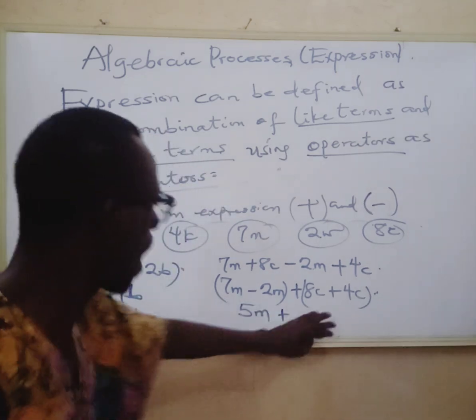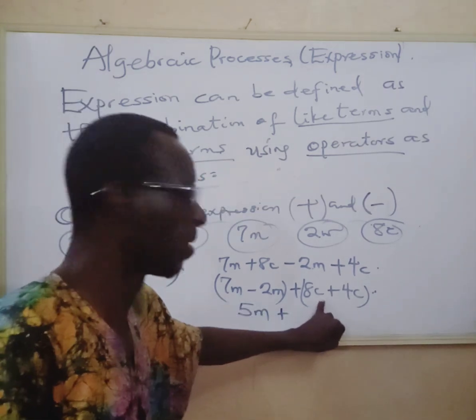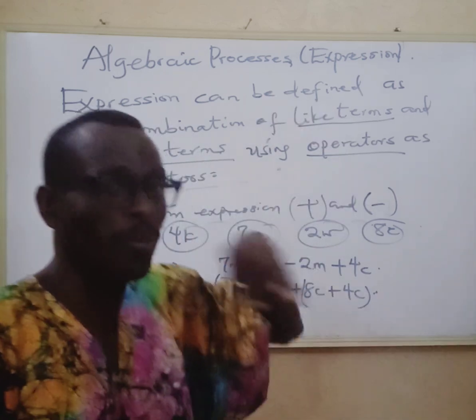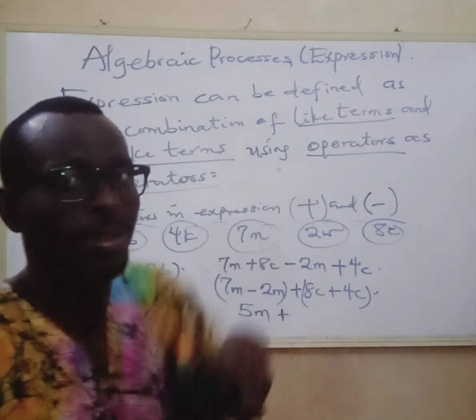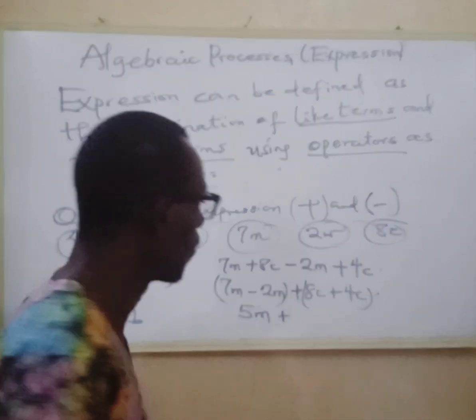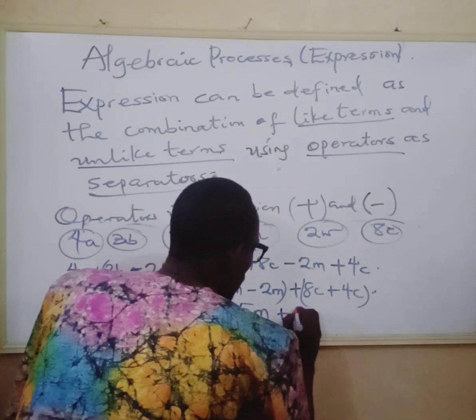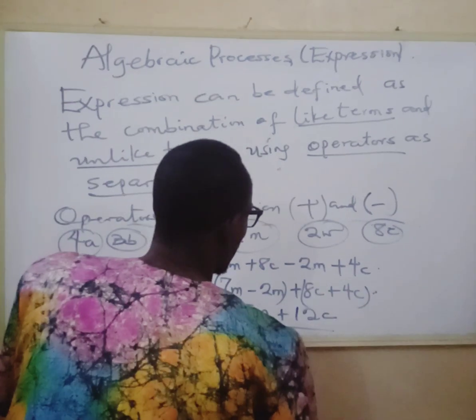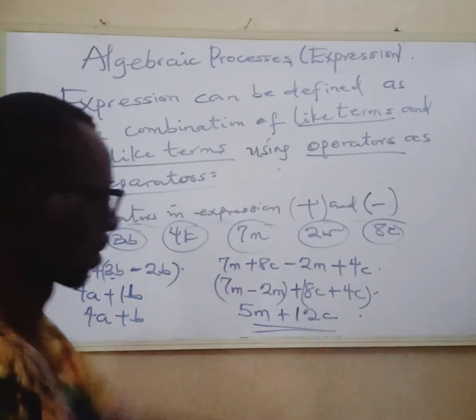Plus, when we have 8 kilos of fish on a scale, you are adding, meaning positive, 4 kilos of fish to the scale. That means the total number of kgs of fish you have on the scale gives us what? 12c. That is the simplification of this expression.